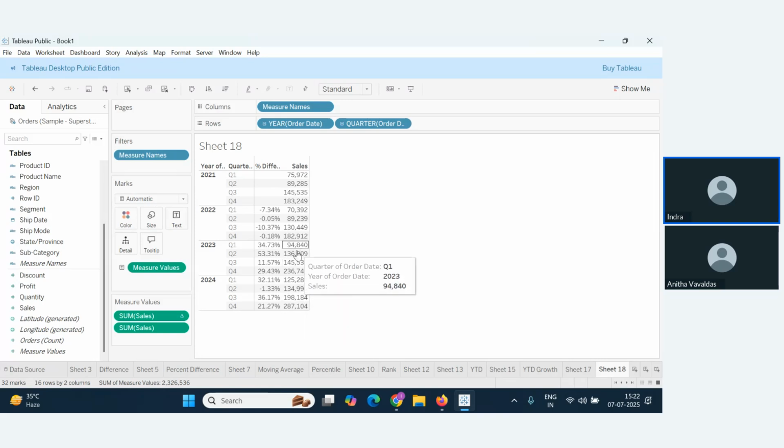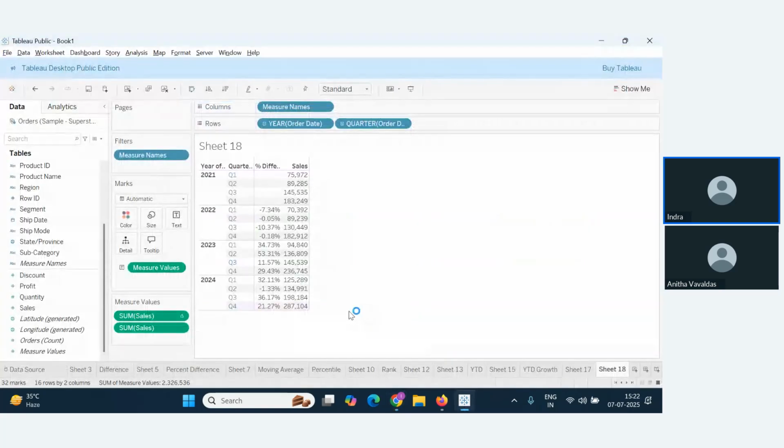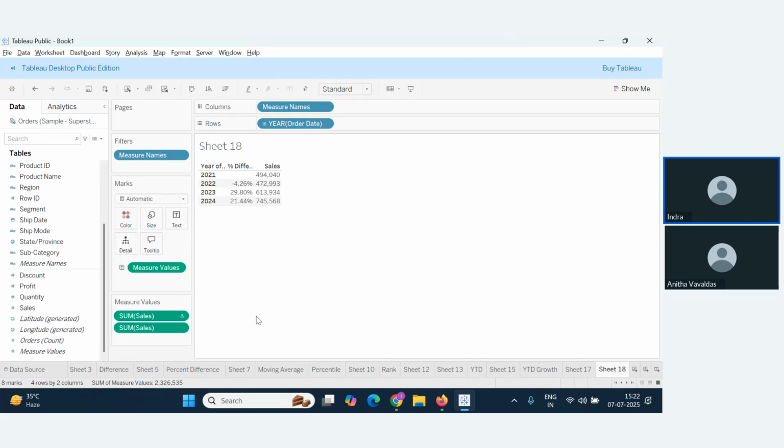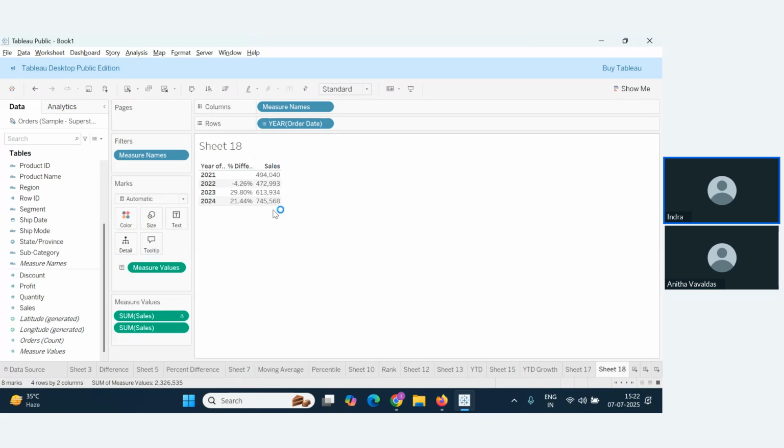Then 94 to 125, it increased by 32%. This is how it is calculated. This is year over year growth. This analysis is actually the correct one, but here I have just expanded it to show you more in detail. Similarly, let me rename this as YOY growth.